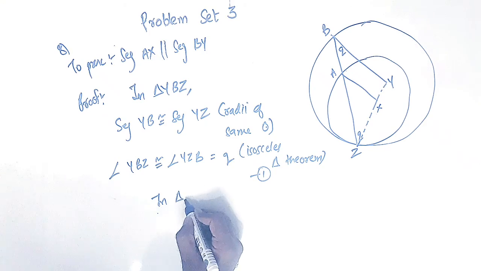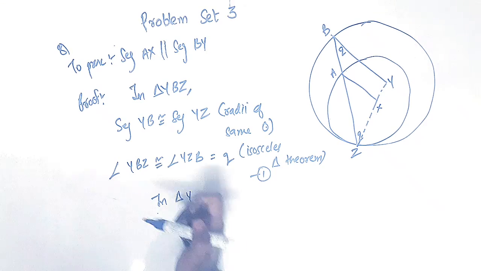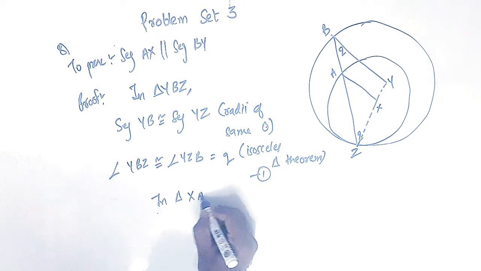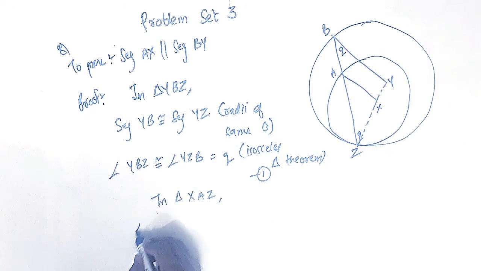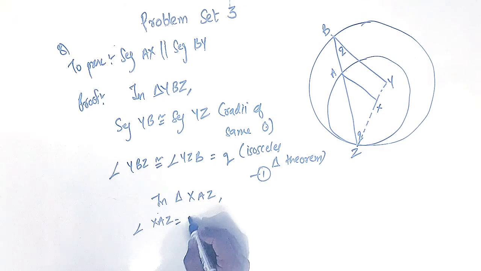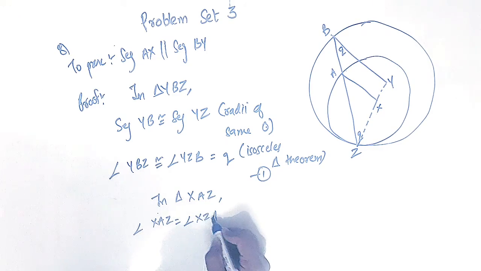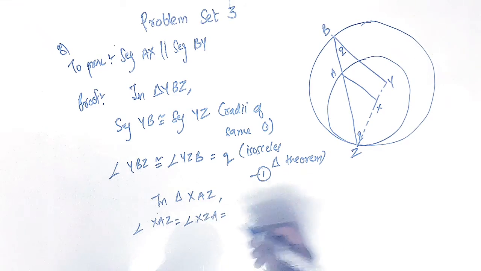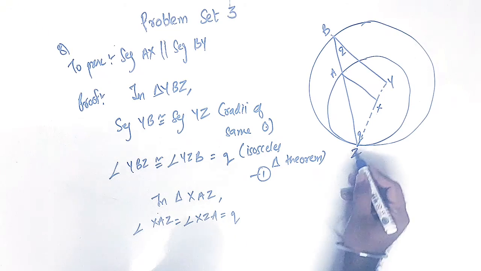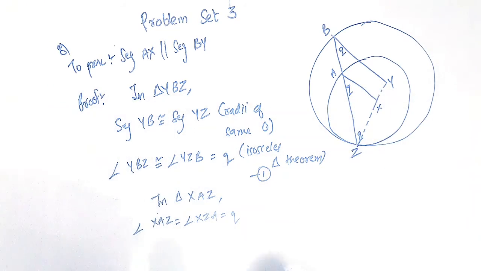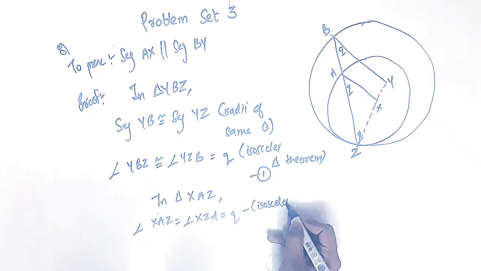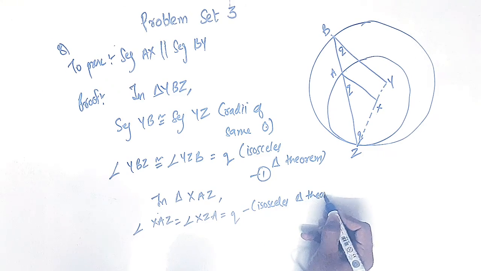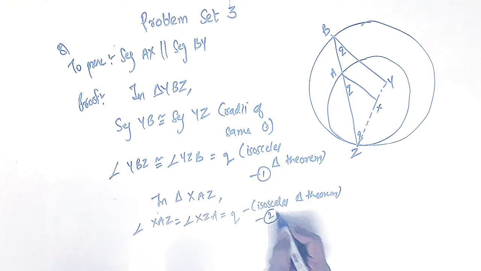Similarly, I'll take the smaller triangle, triangle XAZ. Angle XAZ is equal to angle XZA, that will also be equal to Q, because this is Q, so this becomes Q. Isosceles triangle theorem, and this is point number 2.